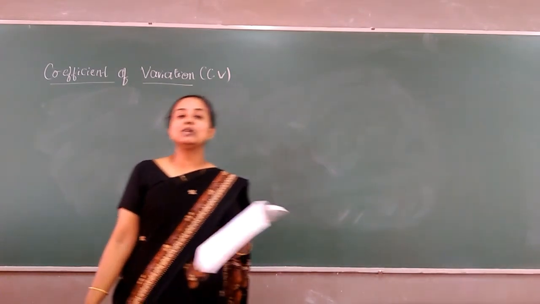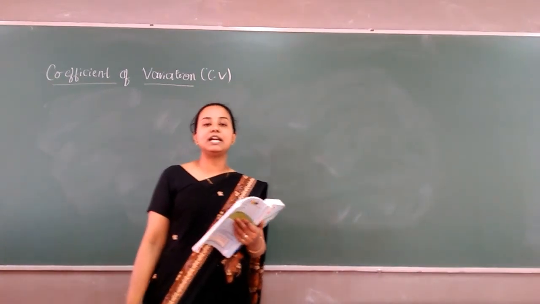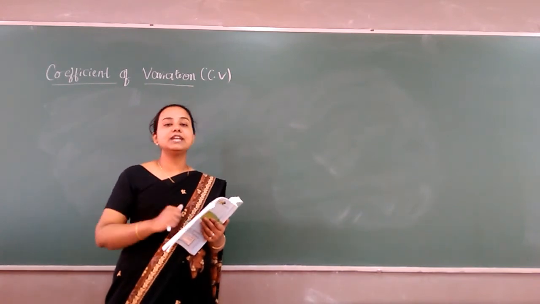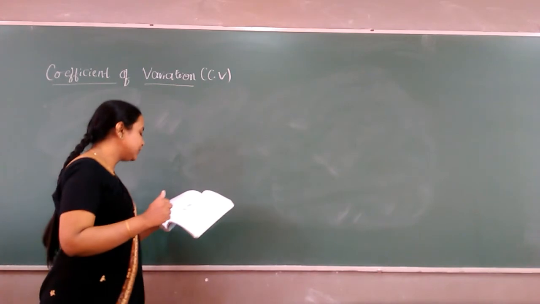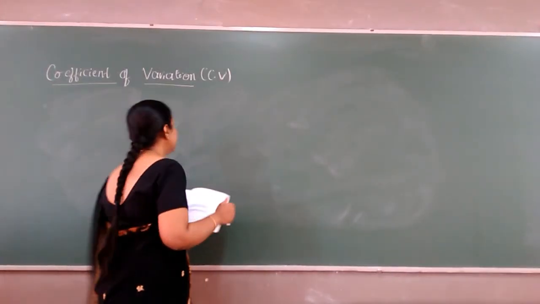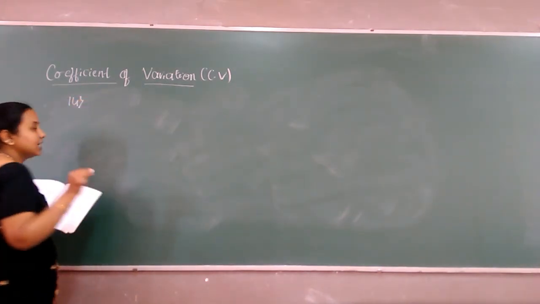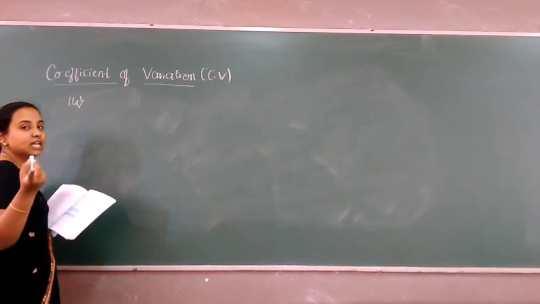As usual, as in our previous problems, we do it the same way. First we will write what data is given, and then we will think about the solution. Coefficient of variation of two distributions are given. Let us name the first distribution as 1 and the second distribution as 2.